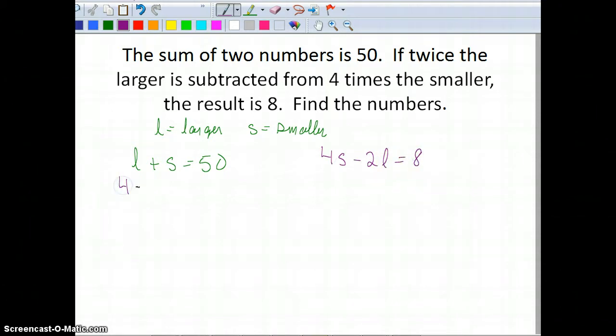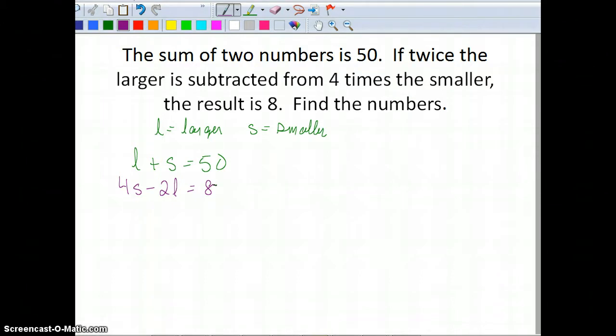So when I write this with my other equation, I don't have a variable that's isolated, and they're not lined up. So I've just got to decide which method I want to use.